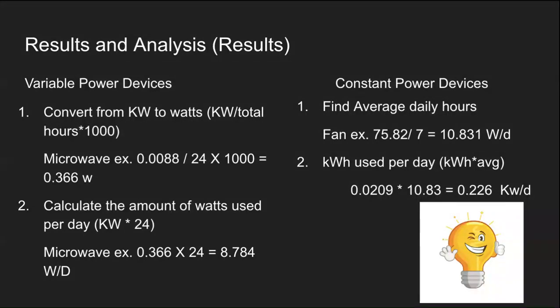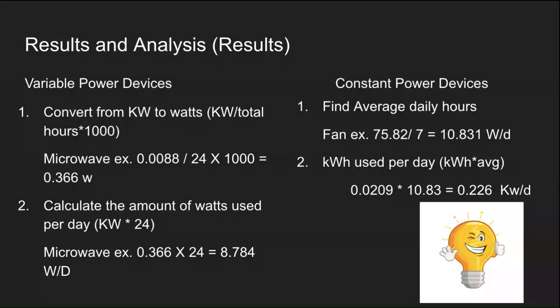For example, the microwave is 0.0088 kilowatts. I divided that by 24 to find each day, and multiplied it by 1,000 to change it to watts. In a second step, I calculated the amount of watts used per day, so I took the amount of watts and multiplied it by 24.